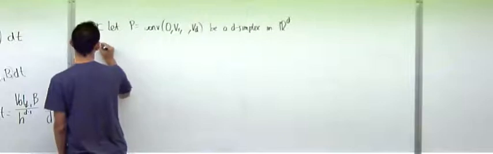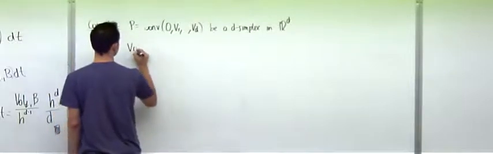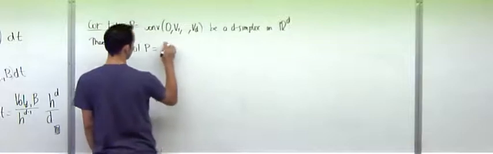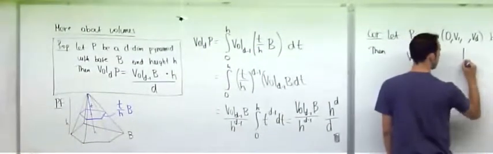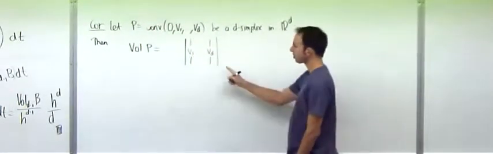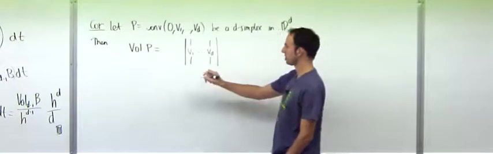Then you might know already that the volume of the simplex is the determinant of the matrix whose columns are these vectors, v1 up to vd. Except there's two things we have to do.